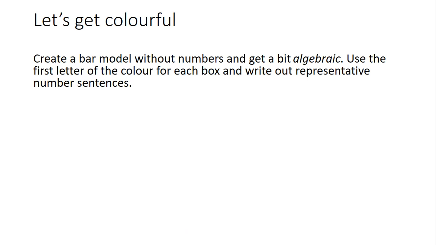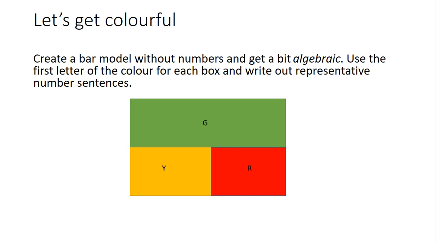Okay, so finally, just moving on a little bit, we're going to create a bar model without numbers. So we're going to get a little bit algebraic. We're going to substitute those numbers for letters. Use the first letter of the colour in each box and write out their representative number sentences.